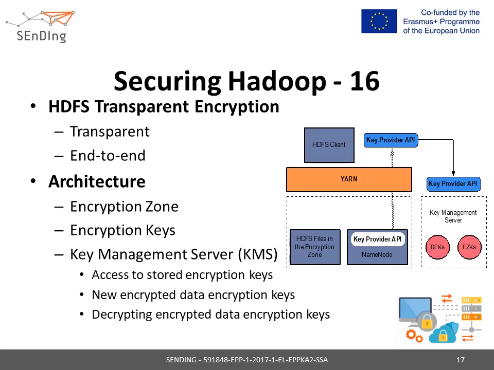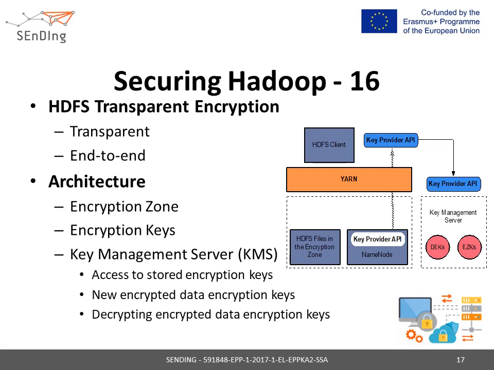HDFS uses a new concept termed encryption zones to encrypt its data. Each encryption zone is an HDFS directory designed for automatic encryption and decryption of data stored in that directory. Encryption keys are stored and managed by a dedicated server called the Hadoop Key Management Server, KMS.